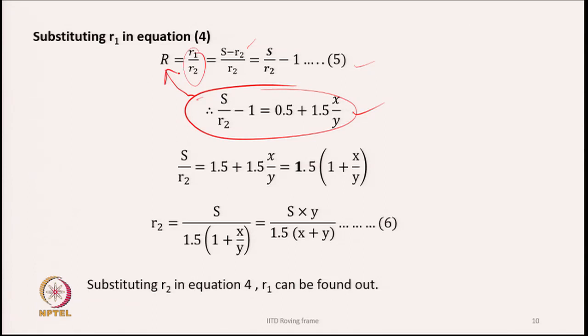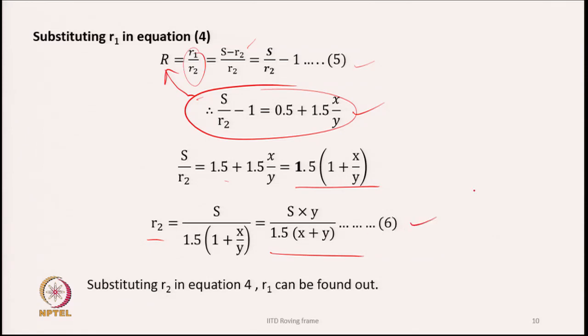Now, once we have this, we go for the simplification process. I can write s by r2 equal to 1.5 plus 1.5 x by y, and that 1.5 we take common, so this becomes 1.5 into 1 plus x by y. Then from here we can write r2 easily as s by 1.5 within bracket 1 plus x by y.